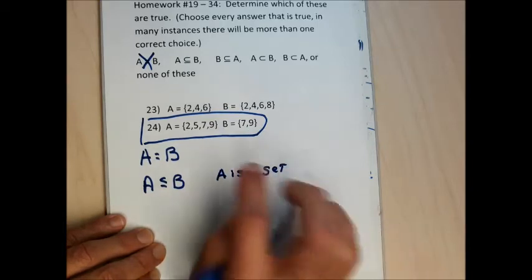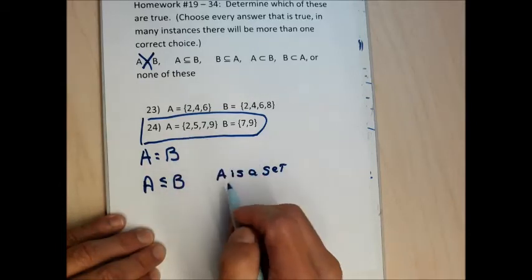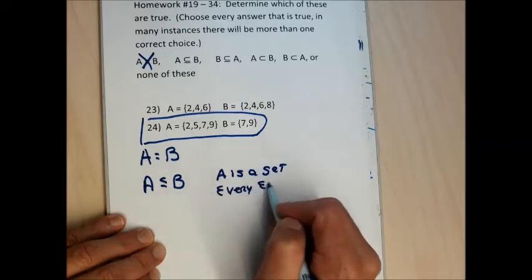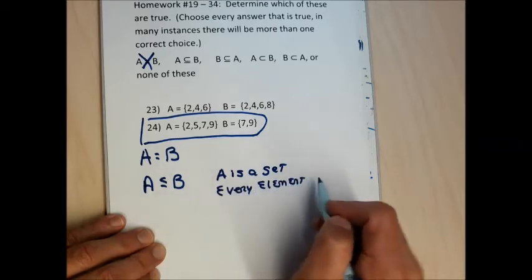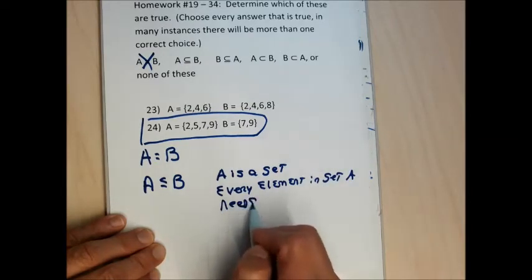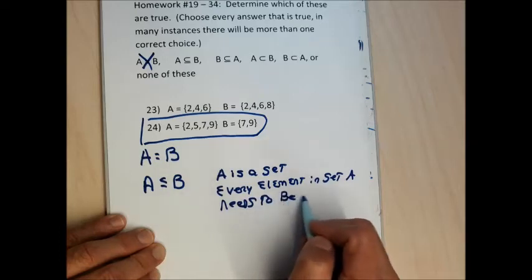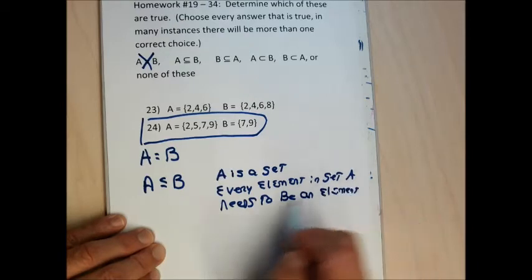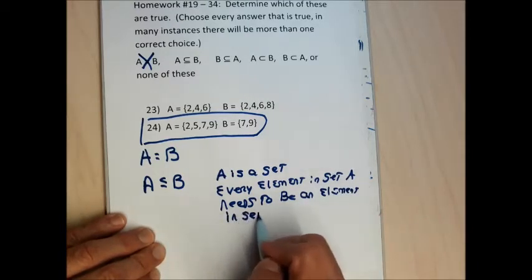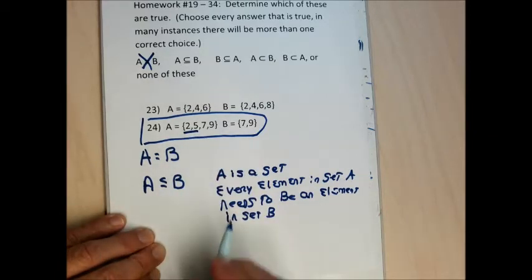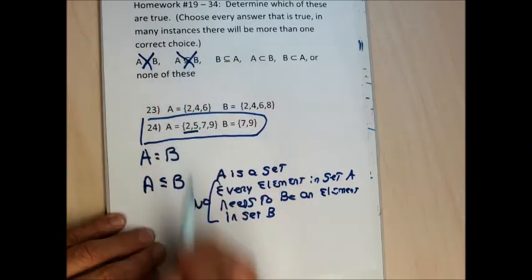That's okay, but the second part's not going to be good, because the second part is every element in set A needs to be an element in set B. And that's not good because A has those two elements, 2 and 5, that are not in set B. So this rule 2 is violated, so we can't say that A is a subset of B.